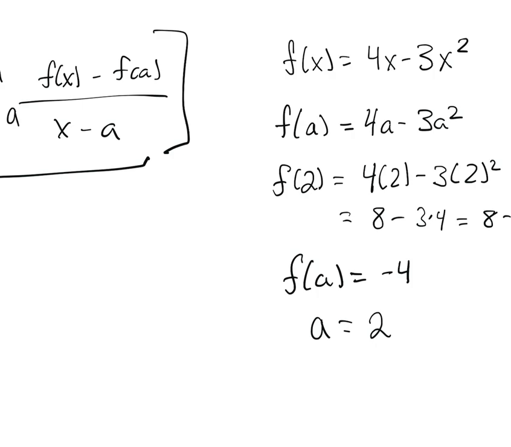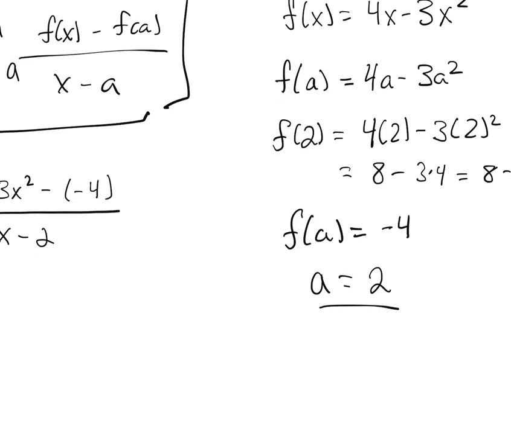We have the limit as x is approaching our a value, which is 2, of 4x minus 3x squared minus our f of a, and we found that f of a is -4, divided by x minus our a value, 2. And so now, trying to solve this and do a little bit of work, we have the limit as x is approaching 2 of 4x minus 3x squared plus 4 over x minus 2.